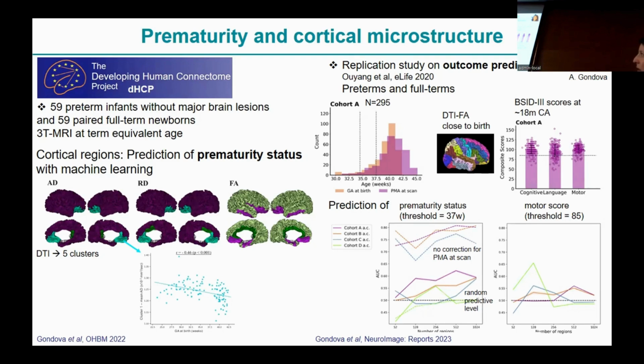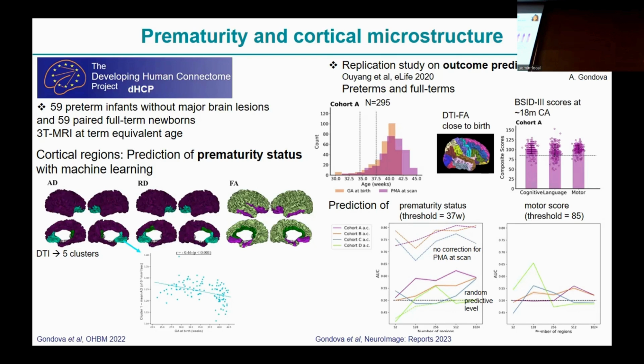We tried to replicate a study that was published in eLife by another group, the group of Wang, and we were a bit disappointed. What Andrea showed is that once you correct for the age at scan, you can predict the prematurity status in the preterm infants, but only in the big cohort. If you consider a cohort of fewer infants, you're not different from the random level.